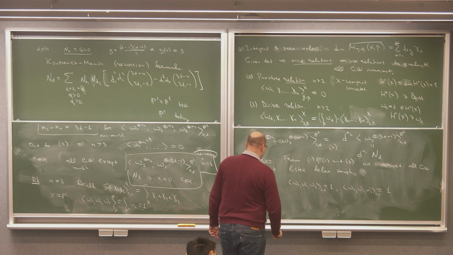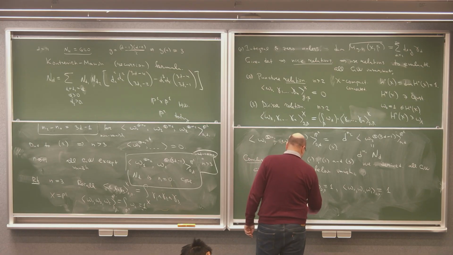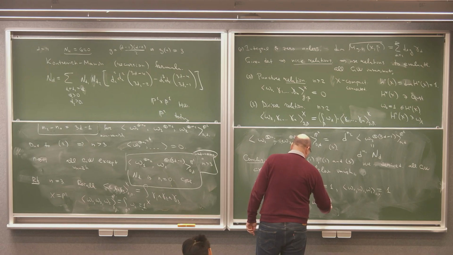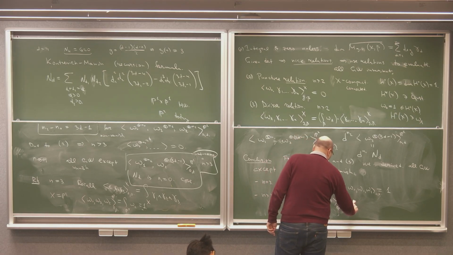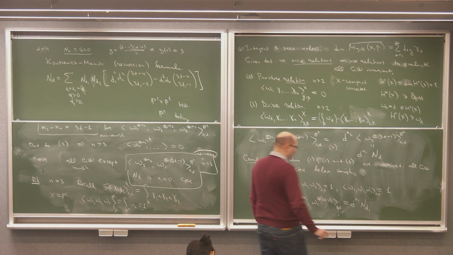For the number of points bigger than 3, we have n_1 insertions of omega 1 and 3d minus 1 insertions of omega 2, genus 0, degree d, and that is d to the power n_1 times N_d.